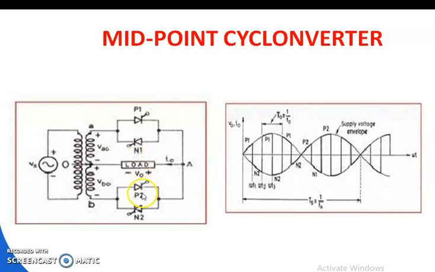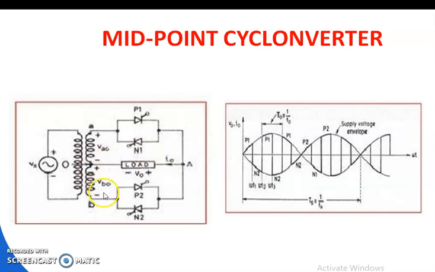Now in case number 2, whenever P2 starts conducting, the path of the current will be OB, P2, then load, then OB. In this way, the current circulates through P2 and develops a particular frequency. Whenever P2 reaches the next omega t instant, P2 commutates and N1 starts conducting.